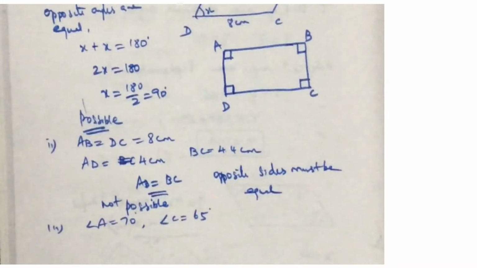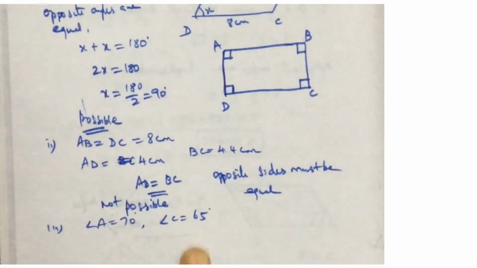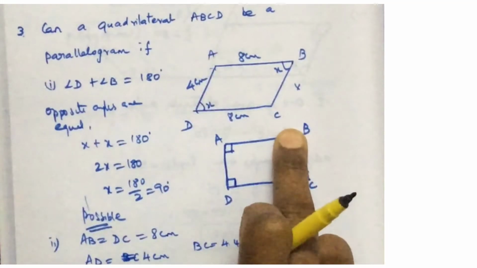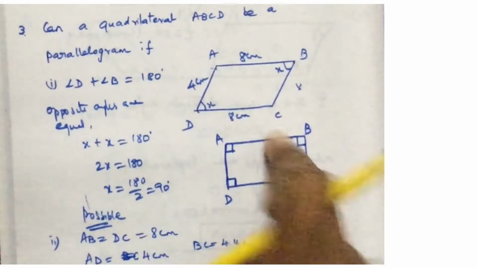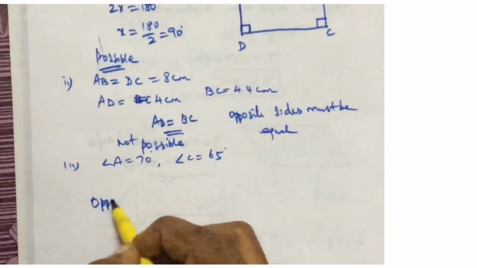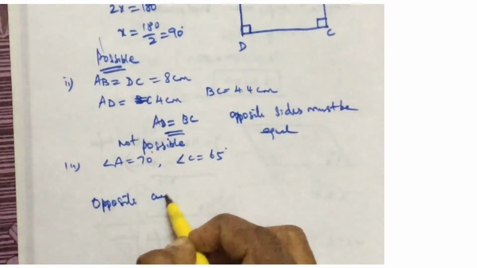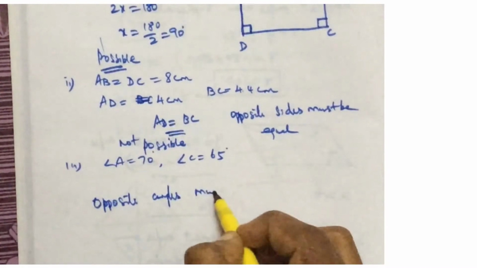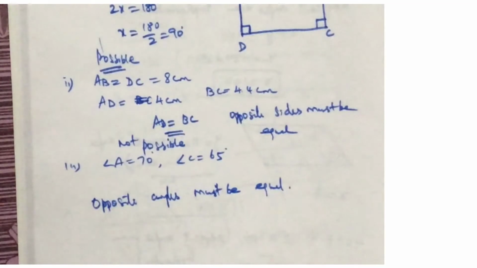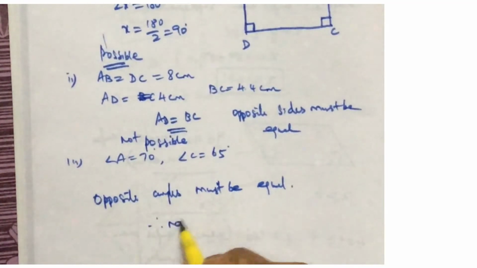Okay, the last case is angle A is 70, angle C is 65. These are opposite angles. Opposite angles must be equal. Therefore it is not possible to be a parallelogram.